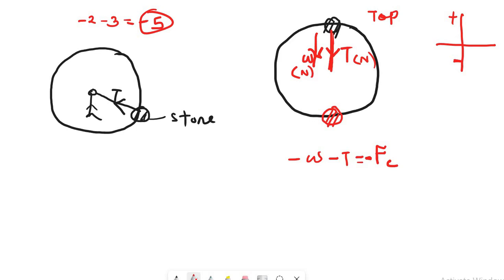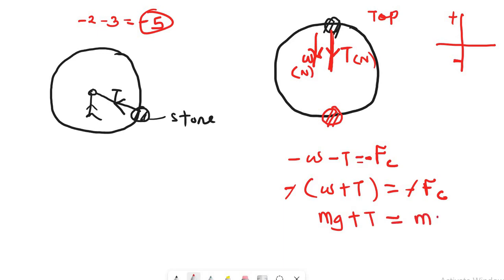From here, we can factorize the minus. We have weight plus tension equal to minus centripetal force. Minus cancels minus. So the weight is mg plus the tension. Centripetal force is mass times centripetal acceleration. So we have mg plus tension equal to m v squared over r.